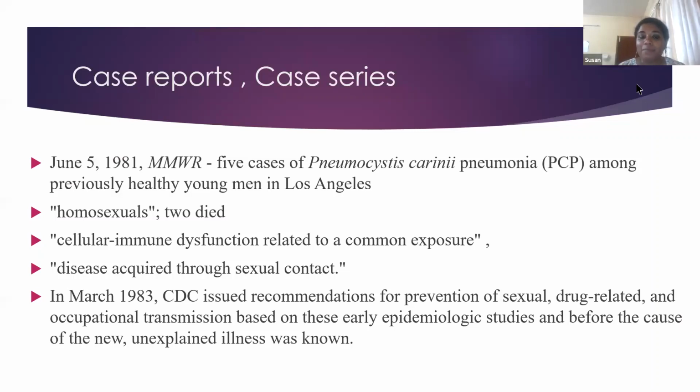Now, in that same paper where this case series was published, the editor also put across a comment that this is probably a cellular immune dysfunction related to a common exposure and a disease acquired through sexual contact. In 1983, there were recommendations for prevention of sexual, drug usage, then occupational transmission based.